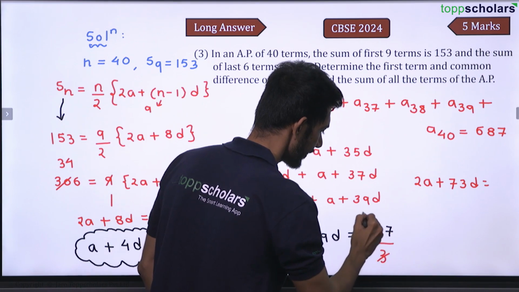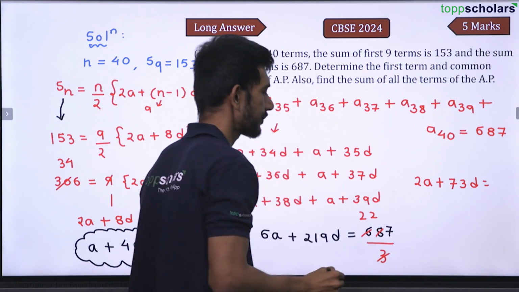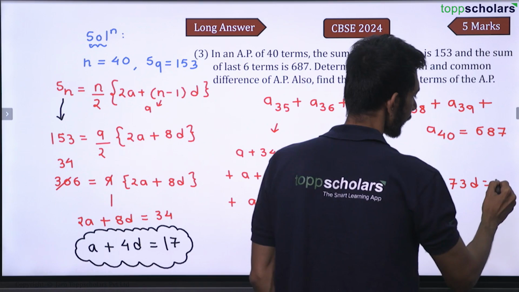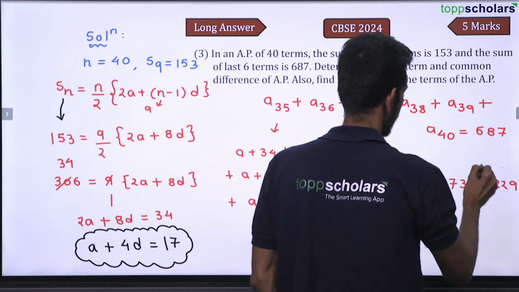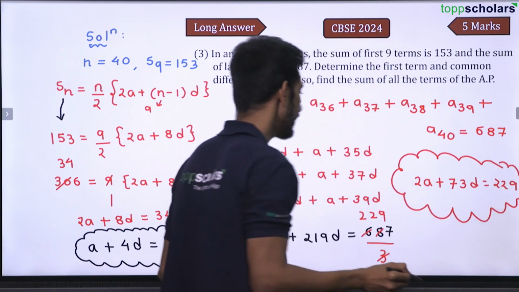So 3 ones are 3, 3 twos are 6, 2 7 27, 229, isn't it? So this is what you get. 2a plus 73d is equal to 229.